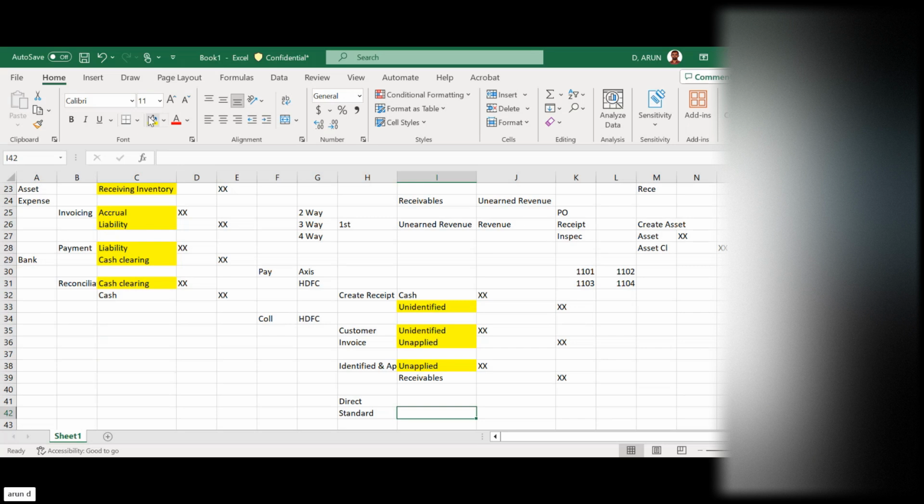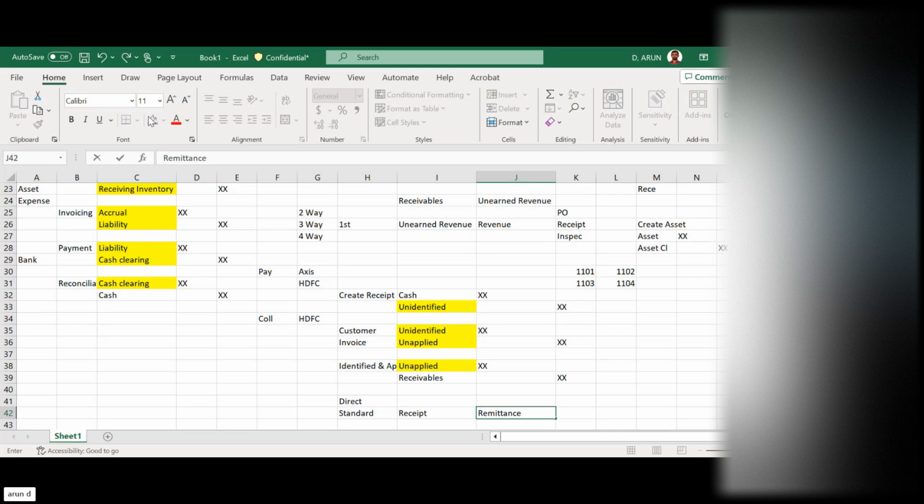But in case of standard, I will have to do this remittance. So what is remittance? In case of check, I have received the check as an instrument. So I'm saying this is my first transaction. Now I'll go to the bank and deposit and do all those processes.